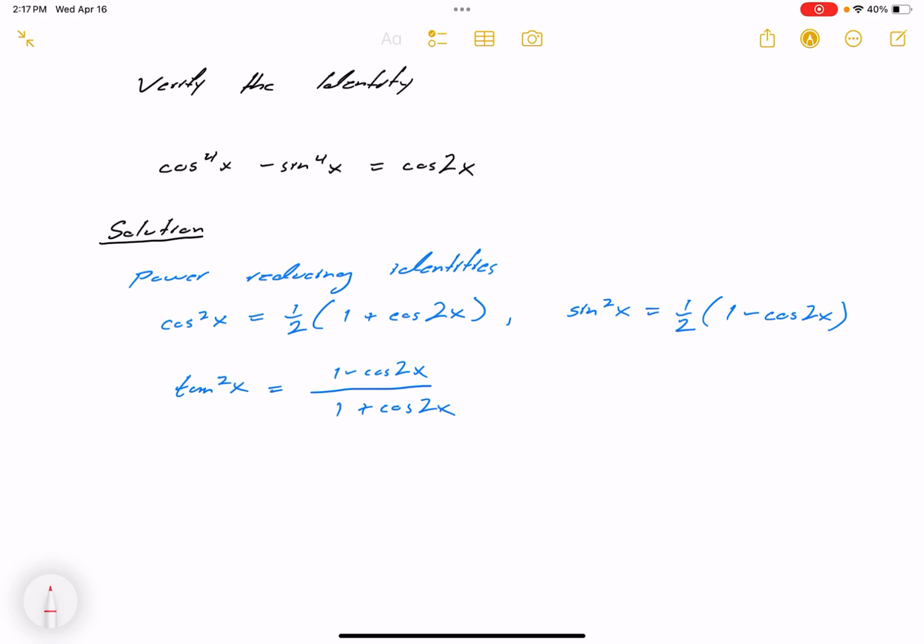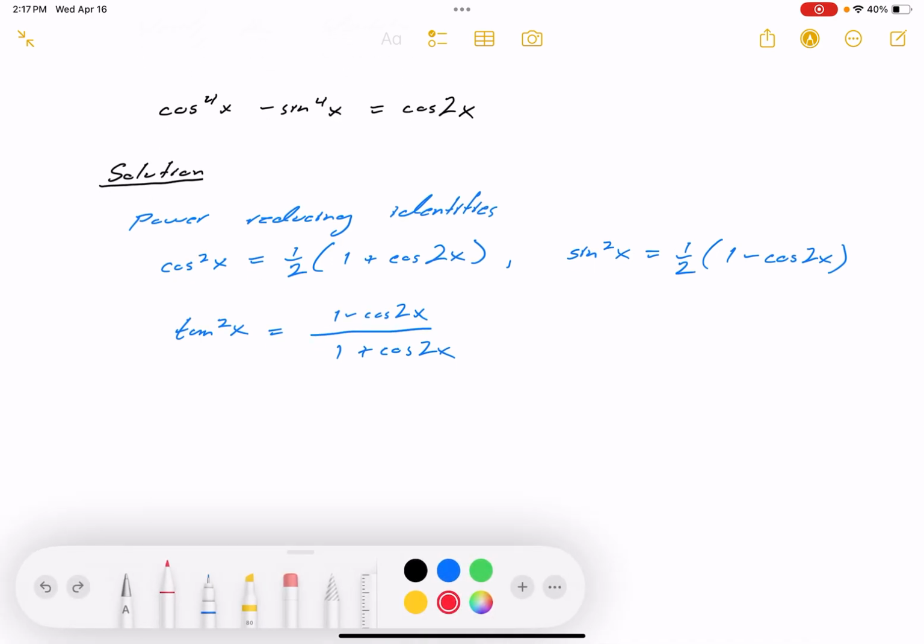They're not that hard to memorize. There are more identities I suggest you memorize, but we're going to go over those in another video. You're going to use them either way, so it's best to just memorize them.